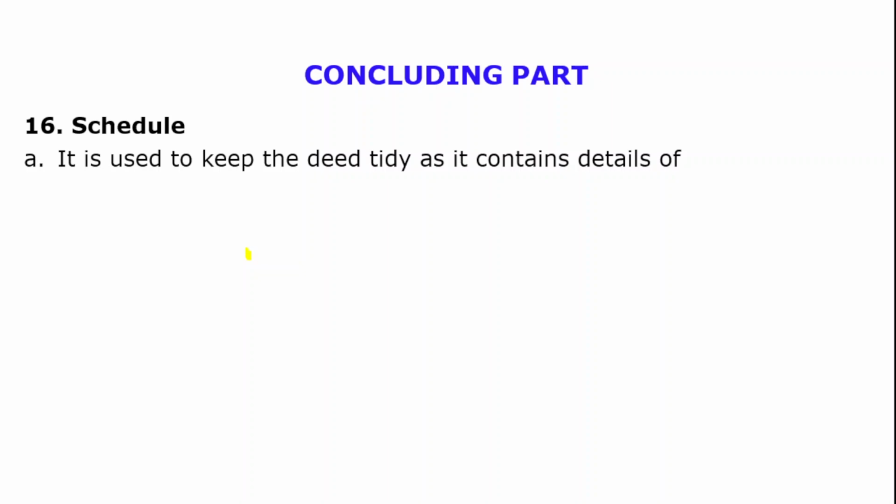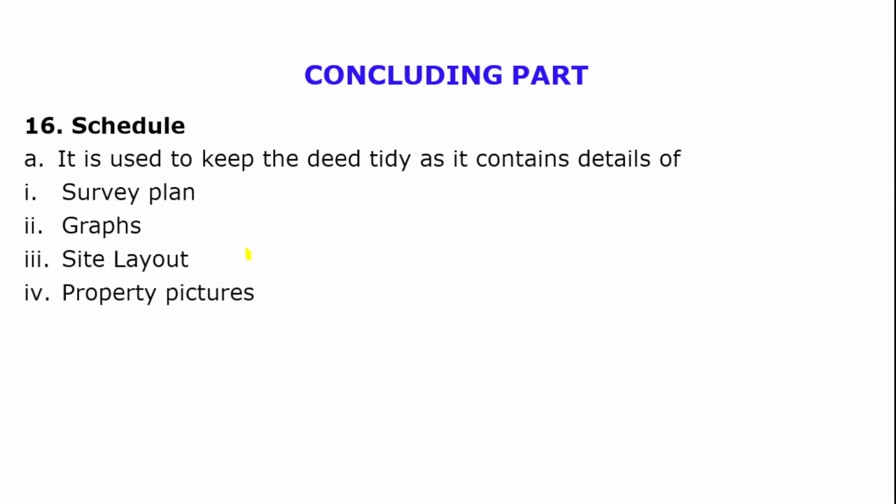of thoughts. So for example, the schedule in the deed of assignment is used to keep the deed tidy because it contains details of the survey plan, graphs, site layout, property pictures. So imagine you are drafting your operative part, and then after getting to the parcel clause, after you have already said all that, land situated at number this, after writing the parcel clause, you now start including, if there are pictures concerning the land, you're including the pictures, you're including the survey plan.